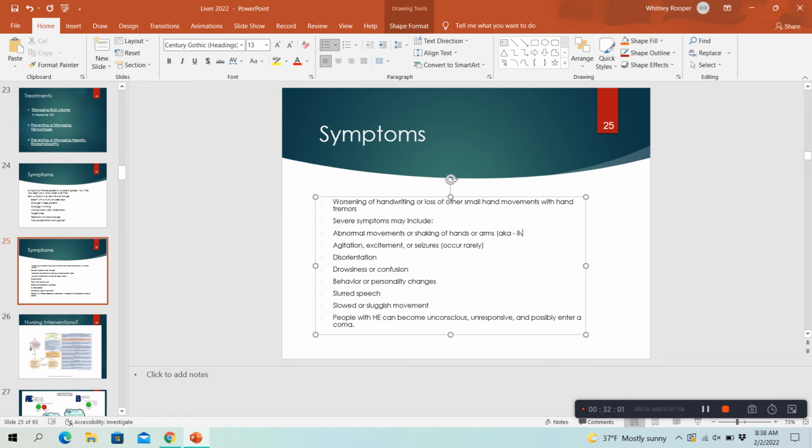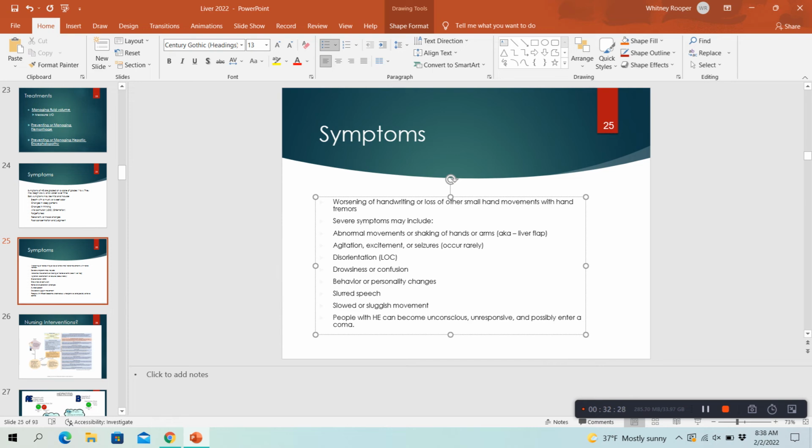Agitated. Again, they could be the sweetest person, and they can be the meanest person. Seizures occur regularly with these people. Again, disorientation, orientation, LOC. I can't stress that to you all enough. Orientation, LOC.